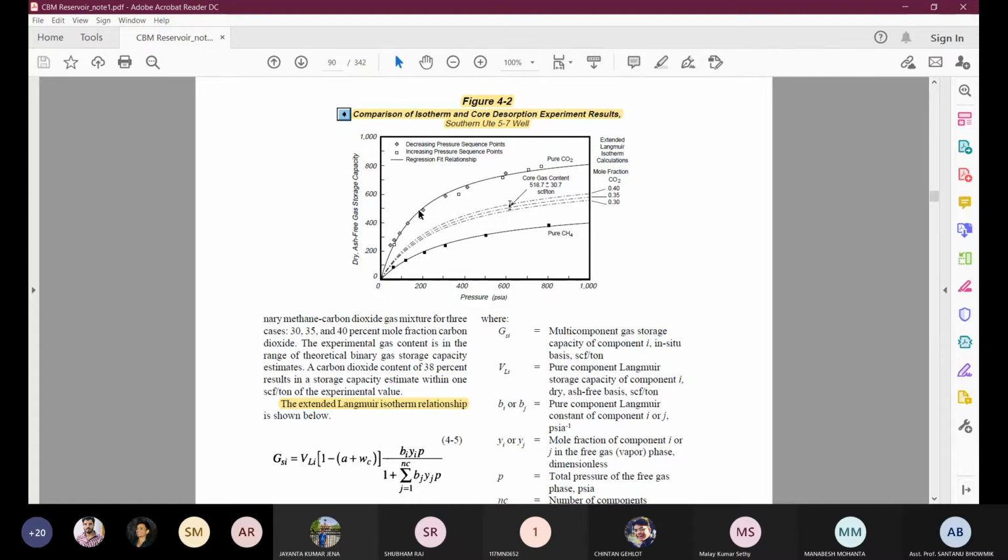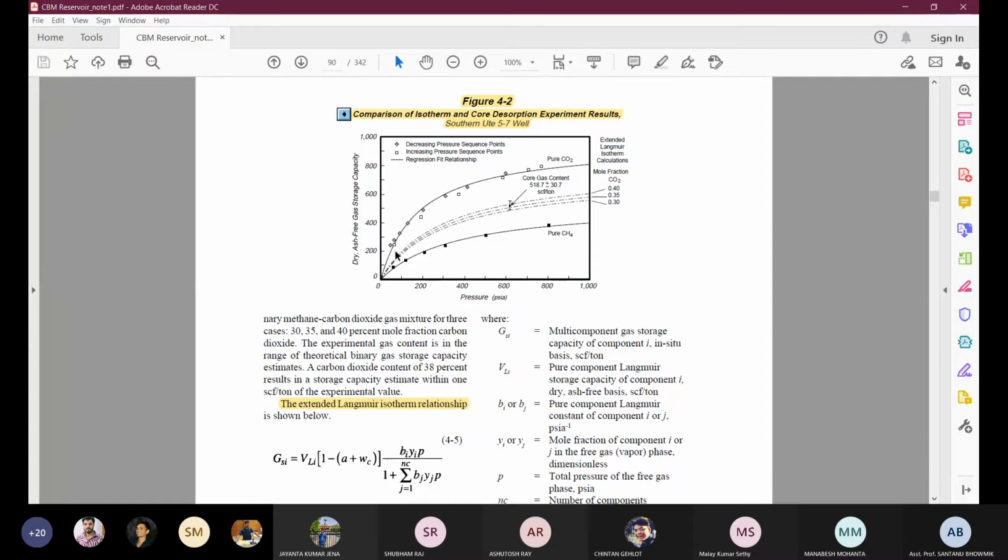Again, as you come to much lower pressure, if you reduce the pressure from 200 to 100, you get approximately a gas production of 500 to 400. That means at this stage you get 100 SCF per ton. Remember that these are all stage adsorption values. In this graph they plot the cumulative one.